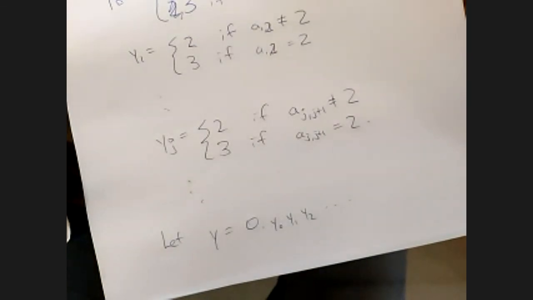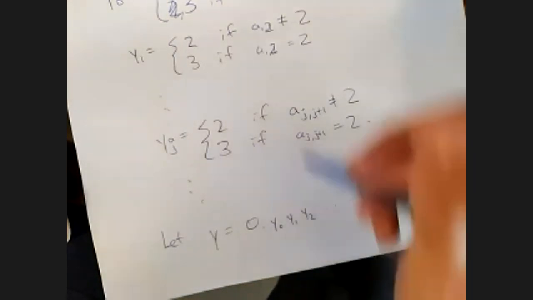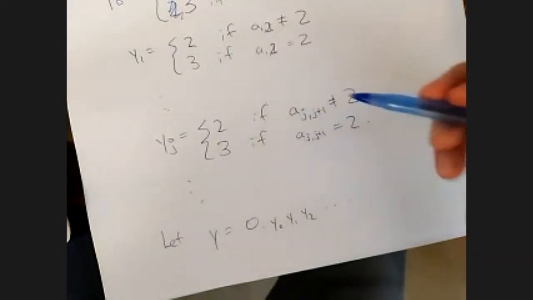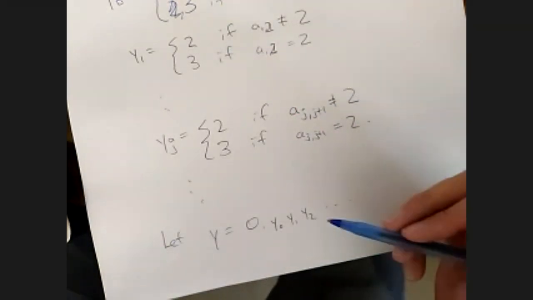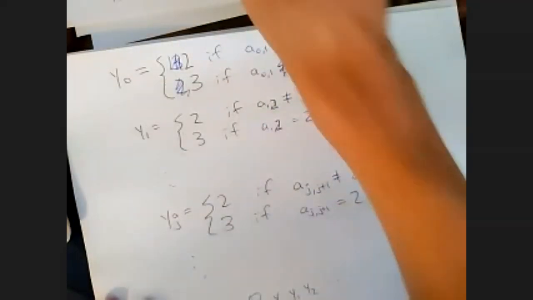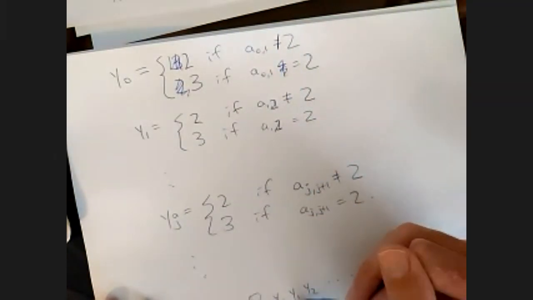And notice that if we compare the decimal expansions of y and any of the x's, they differ at the place that we've specified. Like y is not equal to x0 because their first decimal places are different. y is not equal to x1 because their second decimal places are different.